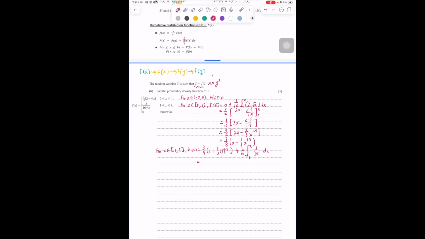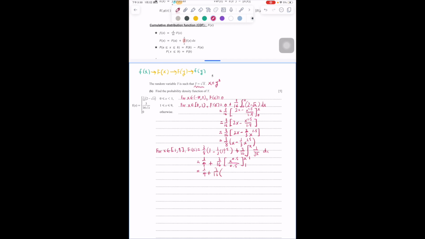So this part we have 1/4 plus 3/16, and here we have x to the power of negative 0.5, right? So when we integrate it, we have negative 0.5 plus 1. So now we will have x to the power of 0.5 over 0.5, and then here we have x and 1. So we can substitute the x first.